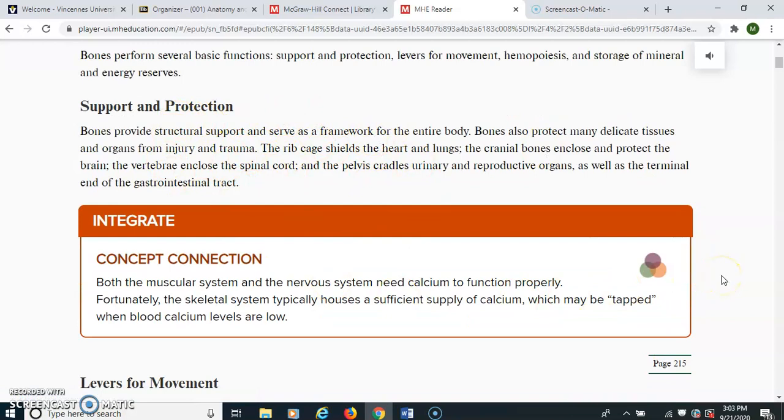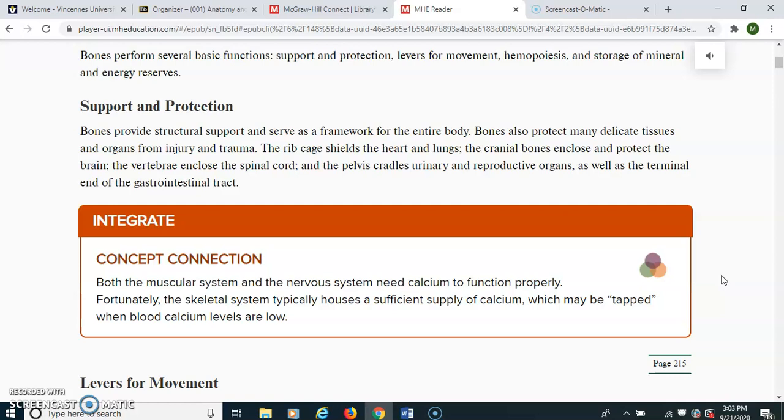Like I said, support and protection: most people are very familiar with that function of our skeletal system. We generally know the skeletal system is pretty rigid, and it's providing the framework for our entire body. So we're not just like a blob. It does a lot of supporting of all our other structures. It's also there for protection. If you think of protection, think of ribs, which protect our heart and lungs, which are vital organs.